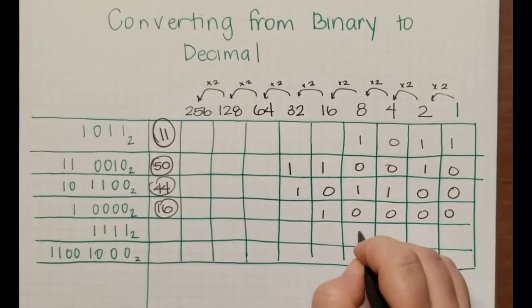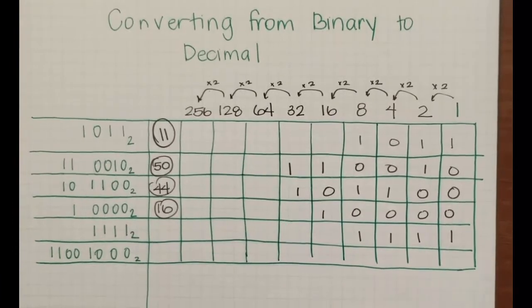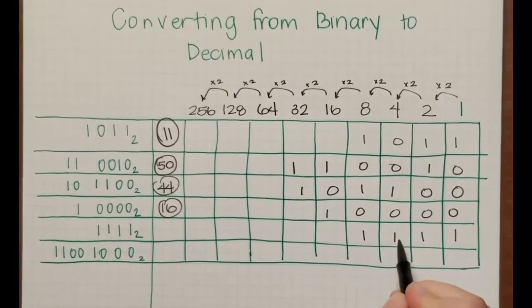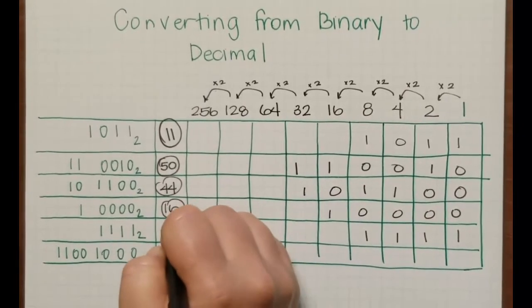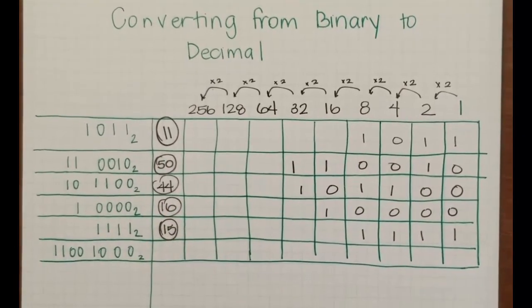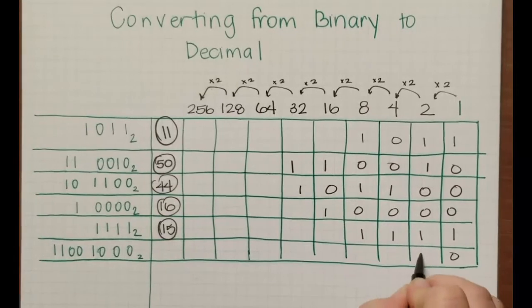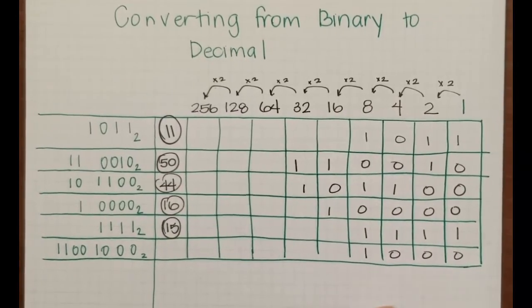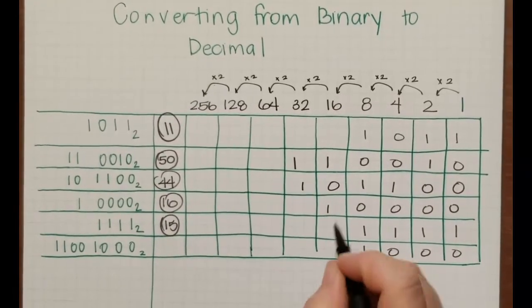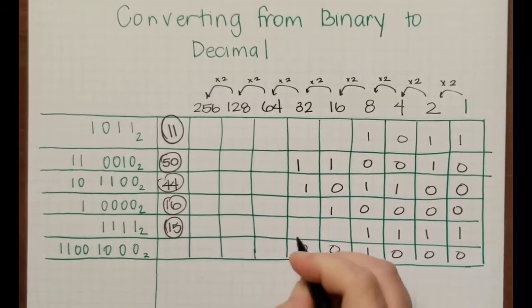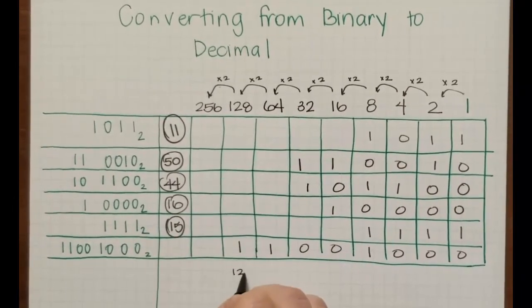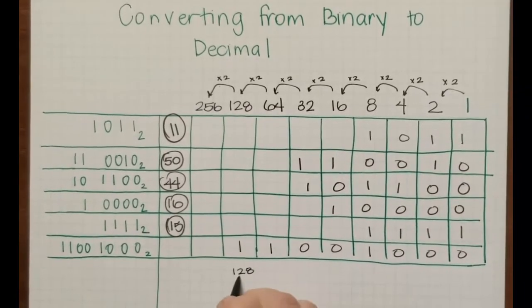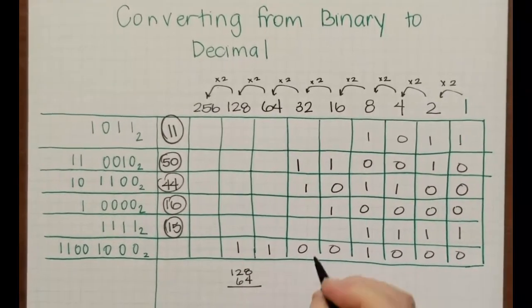So then we have 1, 1, 1, 1, right? That's going to be 8 plus 4, 12 plus 2, 14 plus 1, 15. And then our last one's going to be, okay, so that's going to be 128 plus 64, right?